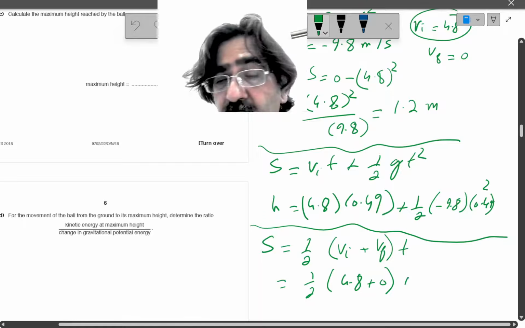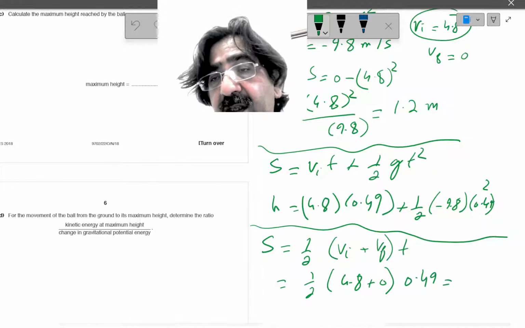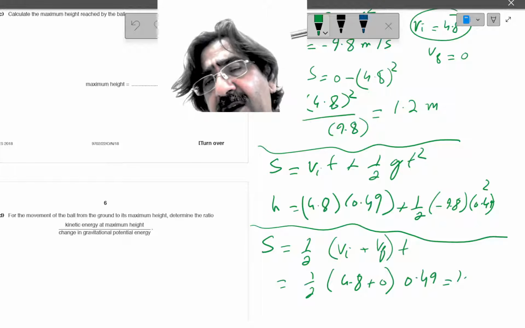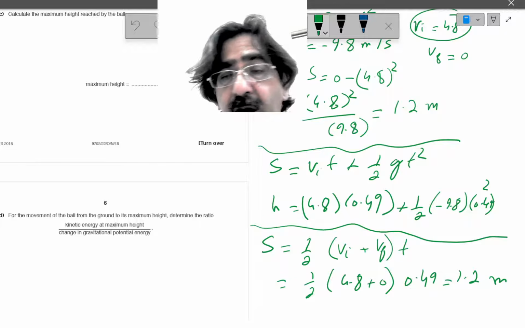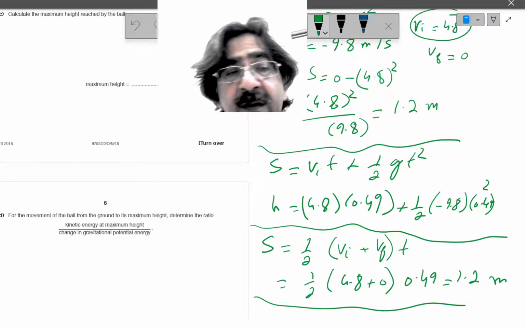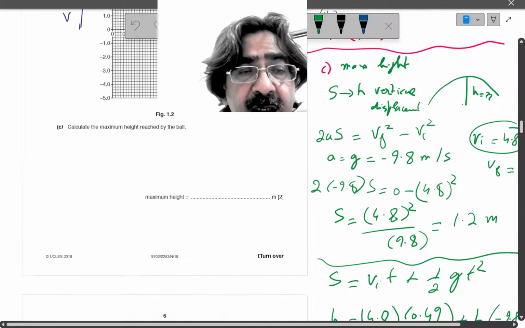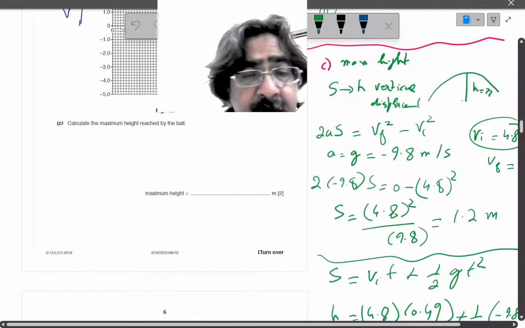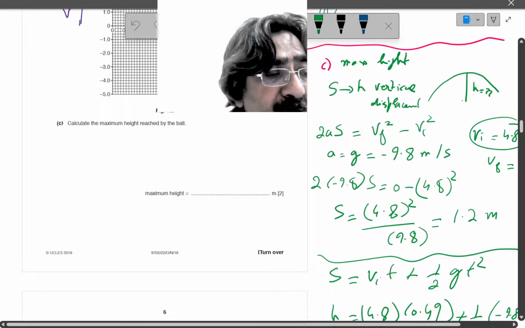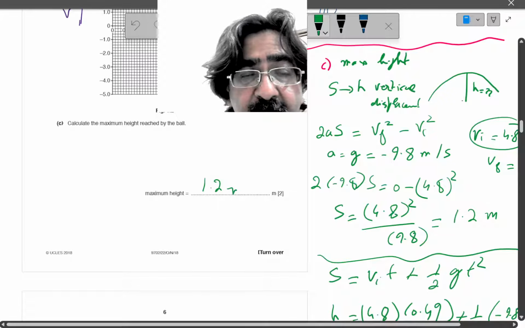So t is 0.49. The result will remain the same, 1.17 or 1.2 meter. Okay, so all these formulas may be used. So the maximum height of the ball will be 1.2 meter.